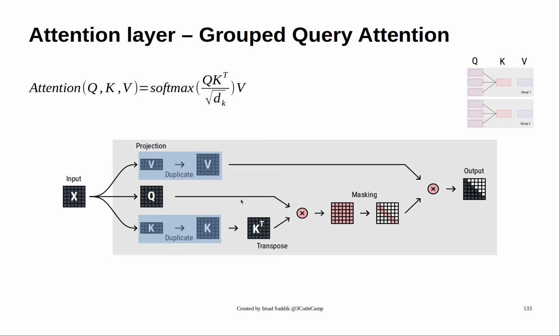And after that, we can apply this formula. So here, after duplicating K, you are going to transpose it, multiply it by Q, and then apply the mask, and after that, multiply everything by V in order to get the output. But this is the important thing to consider when trying to implement this in code.